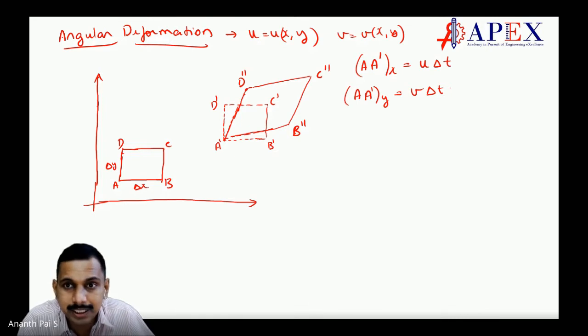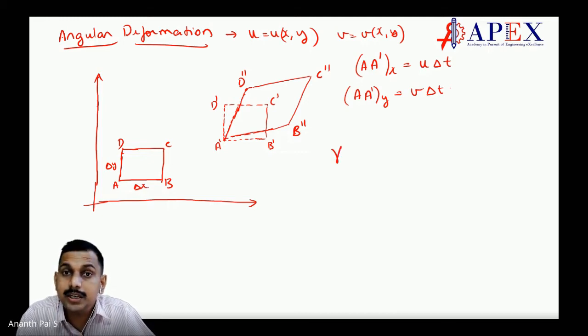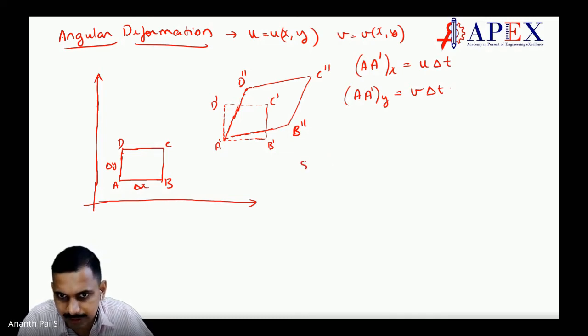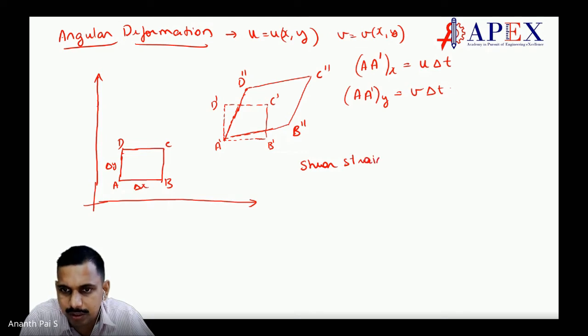What is meant by rate of deformation? Now if you consider the rate of angular deformation, gamma, in solid mechanics, if you consider strain, just like shear strain. What is shear strain in solid mechanics?